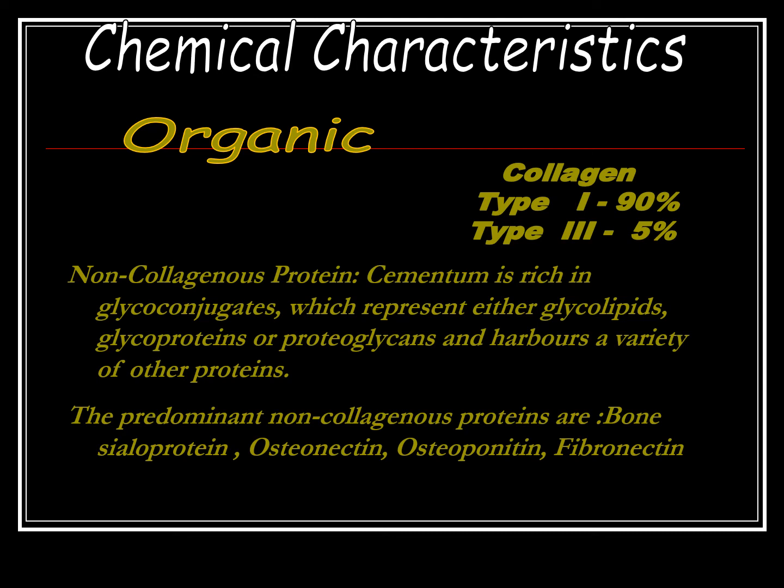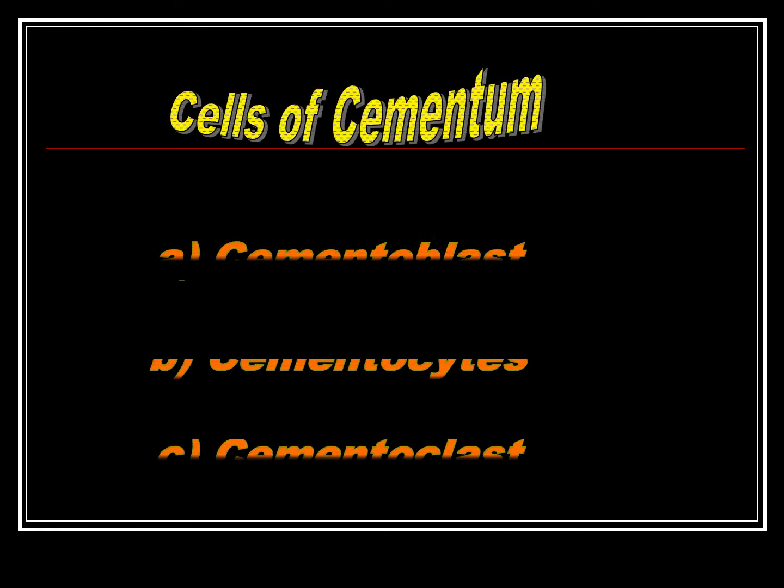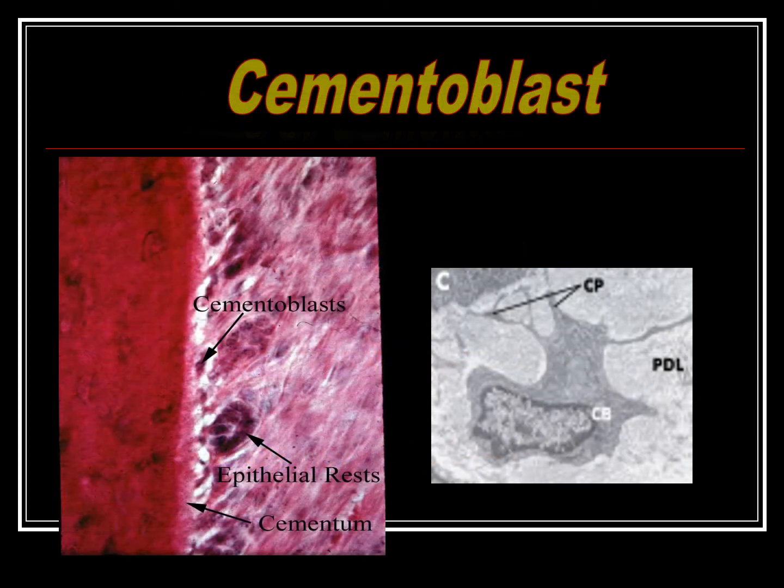Cementum is rich in glycoconjugates, which represent glycolipids, glycoproteins, or proteoglycans, and harbors a variety of other proteins. The cells present in the cementum are the cementoblasts, cementocytes, and cementoclasts. These are the cementoblasts.